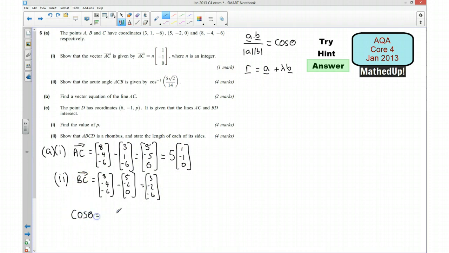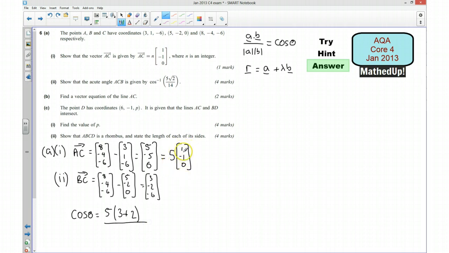So cos theta is going to be equal to, and if I do the dot product of these, well, that 5 is just an integer that I'm going to times it all by. So I'm going to have 5 times, and 1 times 3 is 3, -1 times -2 is 2, so plus 2, and 0 times -6 is just 0. So that's that. And I want to divide that by the magnitude of this one here.